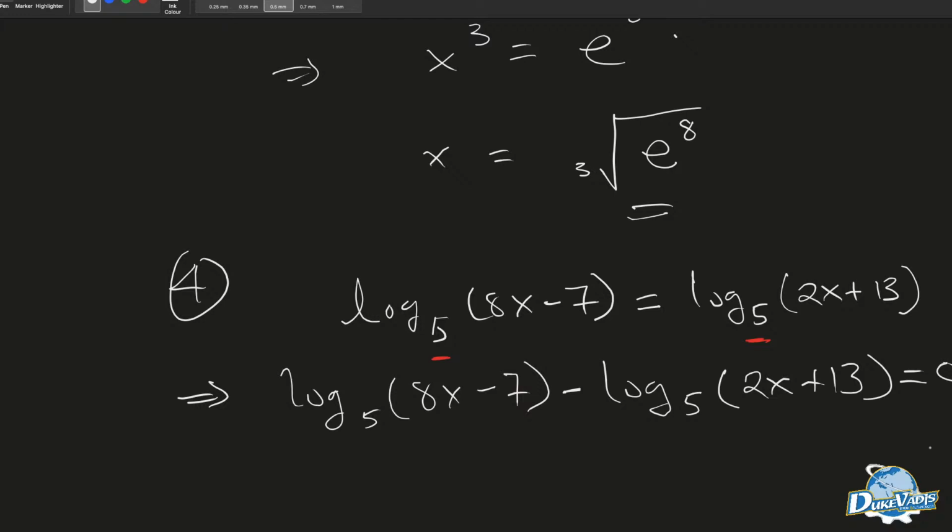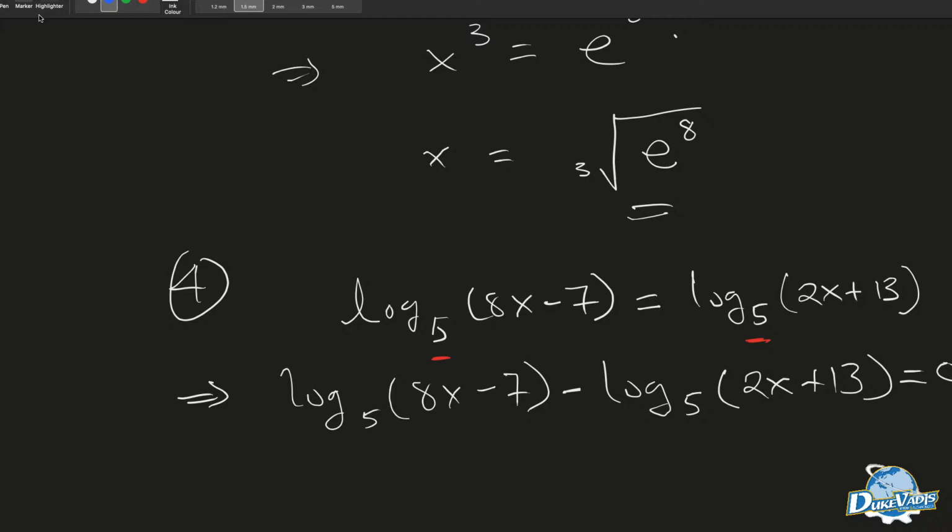If you look at it, as I said earlier, the bases are the same. Since we see logarithms over here, we have to remember some of the properties that we've learned over the months that we've been working together.